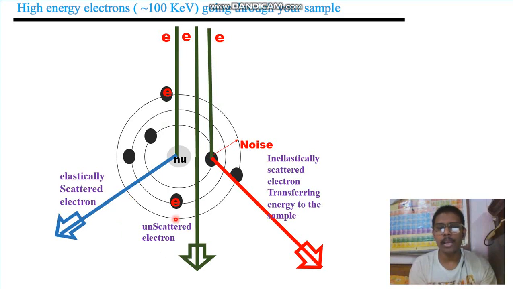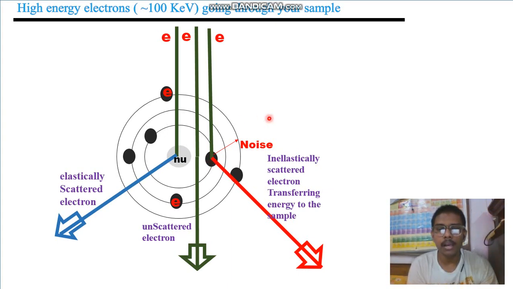These two types of interaction, unscattered and elastically scattered electrons, contribute to image formation in the transmission electron microscope image. But you can't avoid a third type of interaction, which is bad for us. We don't want it, but it happens naturally. That is the interaction of an electron with another electron revolving in an atomic orbital of your sample.